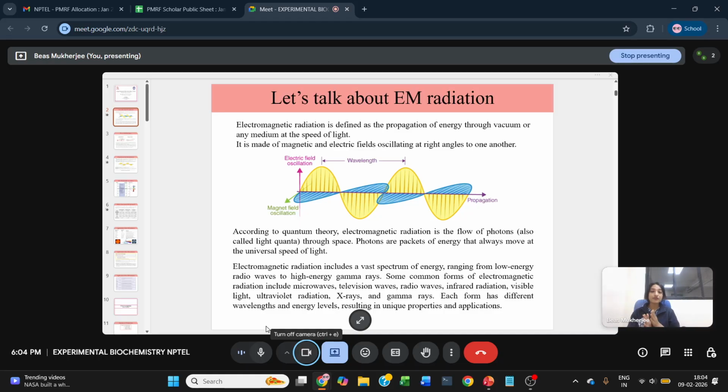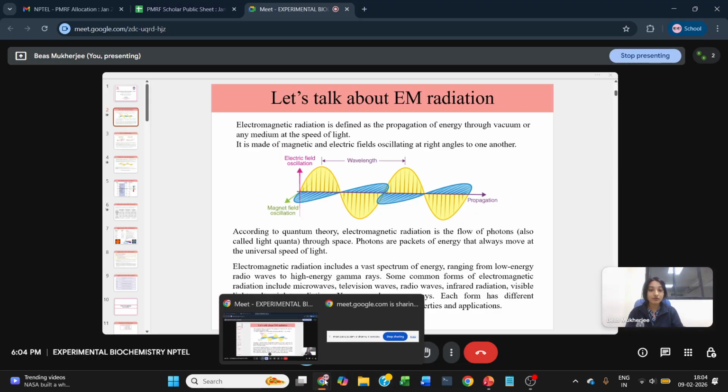Some common forms include microwave, television waves, radio waves, infrared radiation, visible light, ultraviolet radiation, X-ray and gamma rays. Each form has different wavelengths and energy levels, resulting in unique properties and applications.